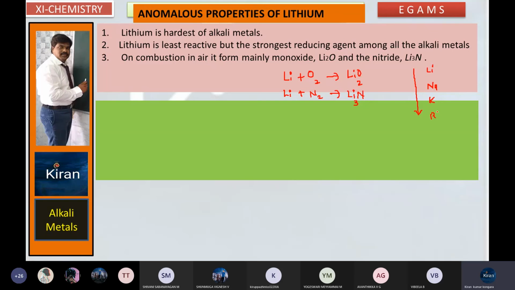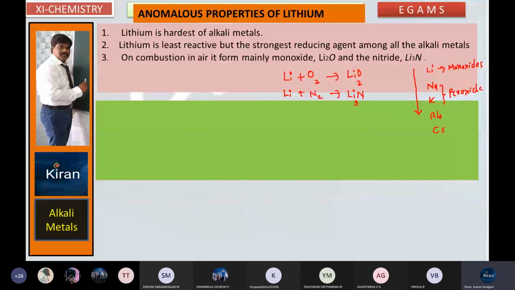Cesium can form only monoxides. Sodium and potassium will form peroxides along with monoxides.